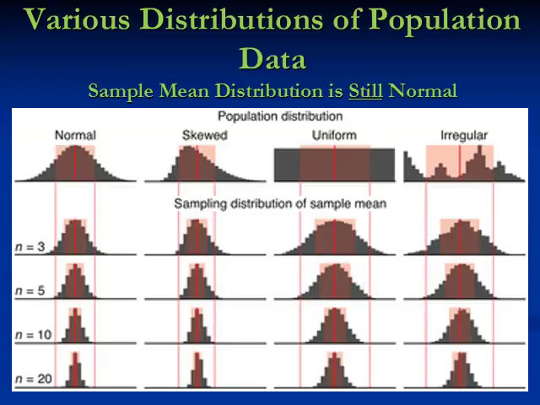But also, look, the standard error of the mean is smaller each time the sample size goes up, as we go from sample size of 3 to 5 to 10 to 20. And the same thing holds true with all of the different types of populations. So the larger your sample size, the lower your standard error of the mean is going to be.